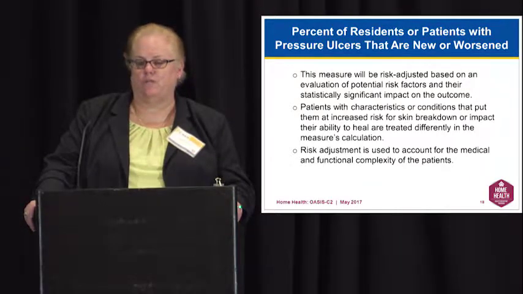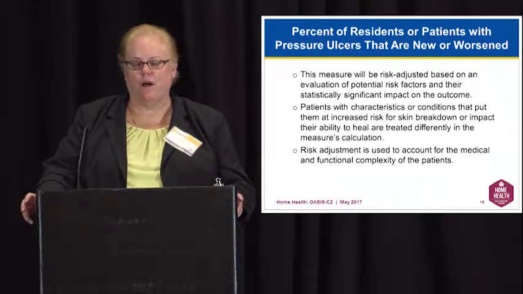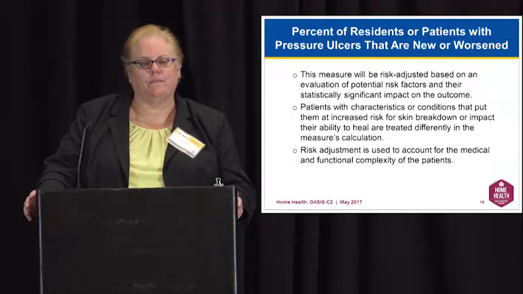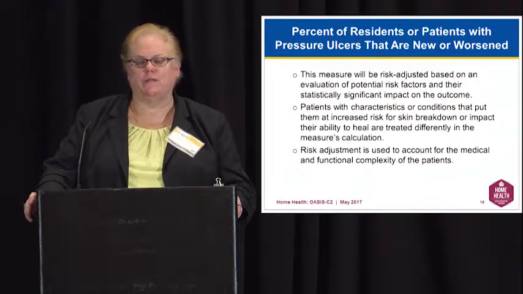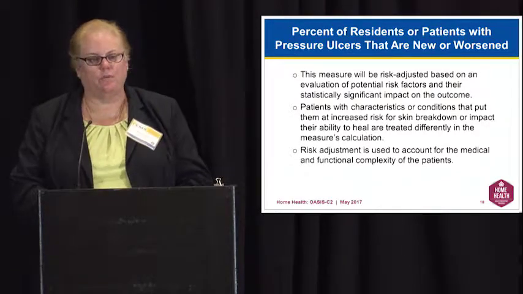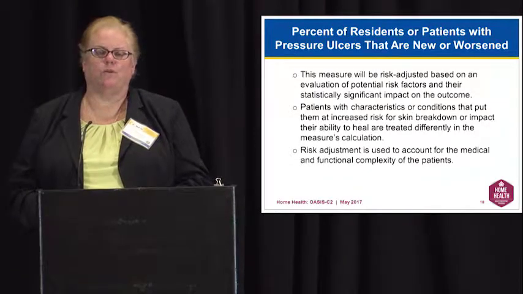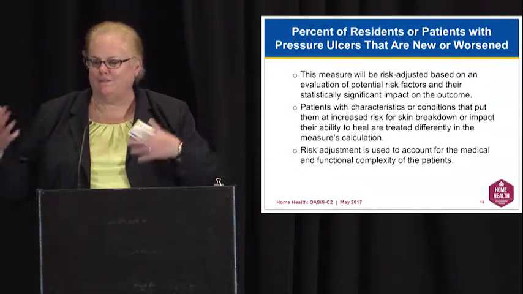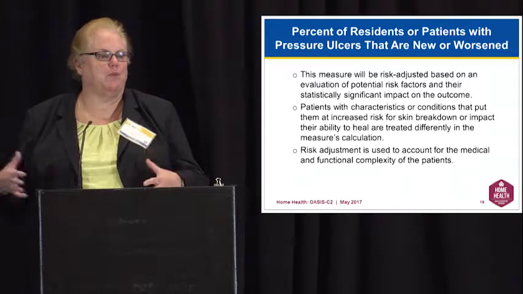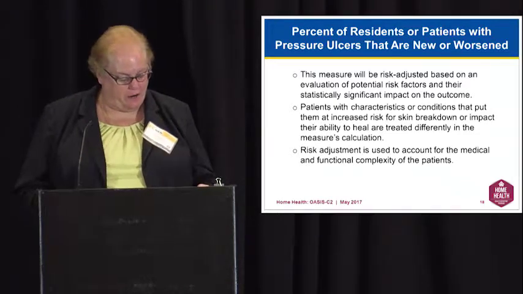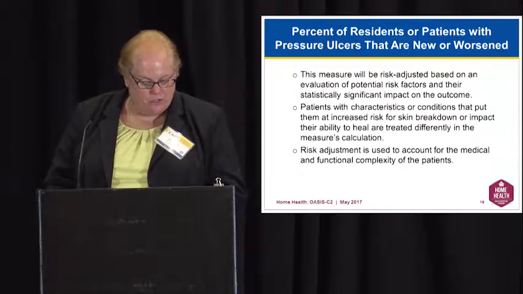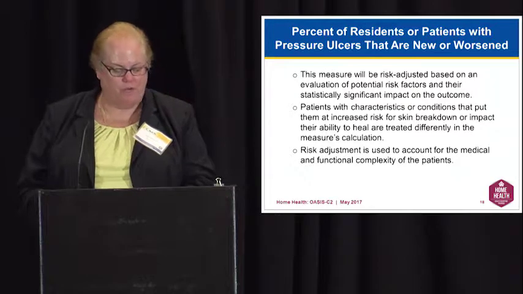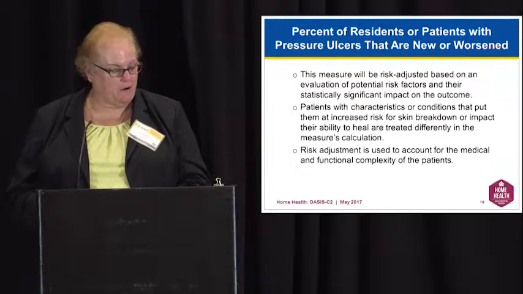Someone in relatively good nutrition, who is up and about, continent, and has reasonable mobility to weight shift would be very different from someone with poor nutrition who was immobile. Just logically, that person would be more dependent and certainly higher risk. The risk adjustment is used to account for the medical and functional complexity of our patients.